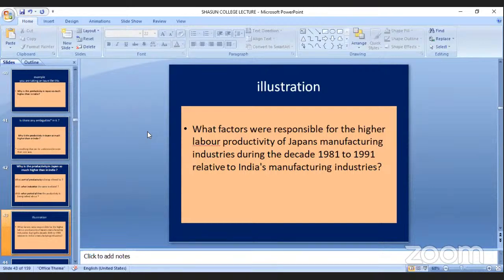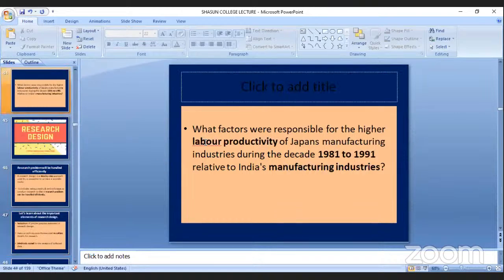So how can you do it? What factors were responsible for the higher labor productivity of Japan's manufacturing industries during the decade 1981 to 91 relative to India's manufacturing industries? Now you see here, you're talking about higher labor productivity, about the manufacturing industries, and you are taking this particular period. Everything you have to mention clearly.